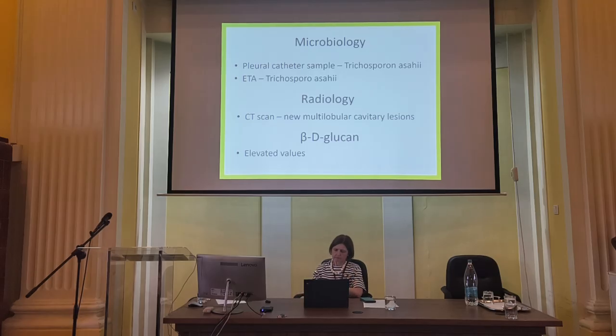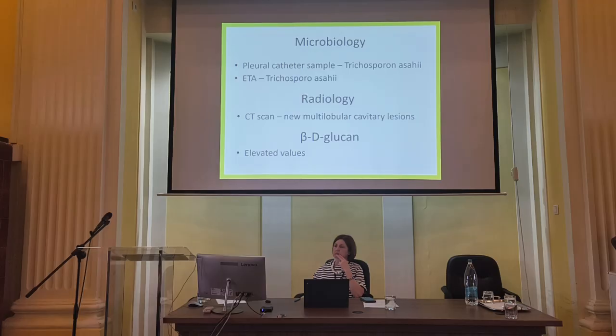Microbiological analysis of the pleural catheter sample revealed Trichosporon asahii as a potential cause of the patient's clinical deterioration. Subsequent culture of the endotracheal aspirate also isolated Trichosporon asahii, while chest CT imaging demonstrated newly developed multilobular cavitary lesions.